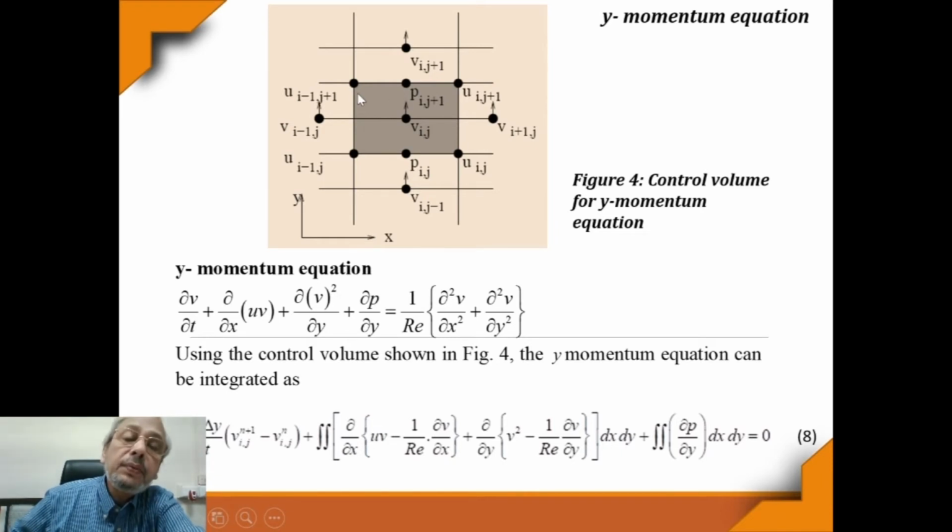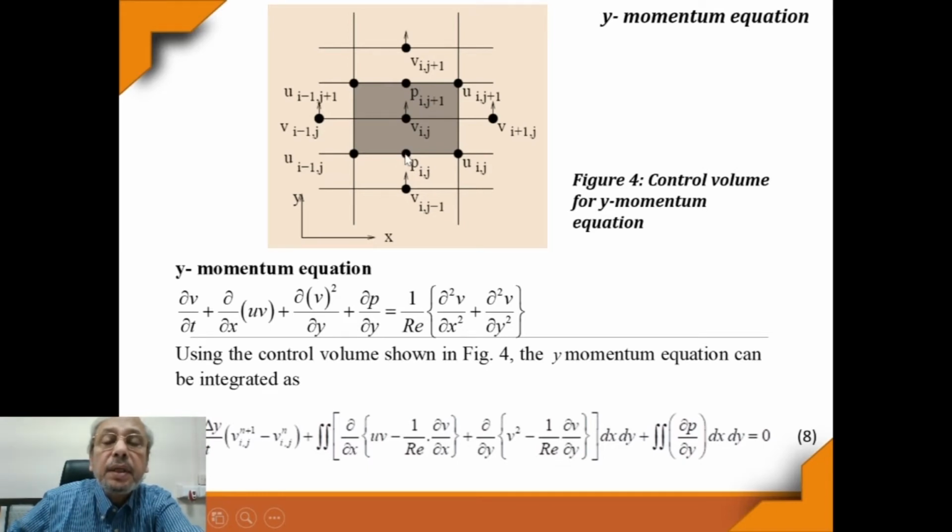Now when we define the V control volume, Vij velocity is defined at the center of the cell, and the neighbors are considered accordingly.